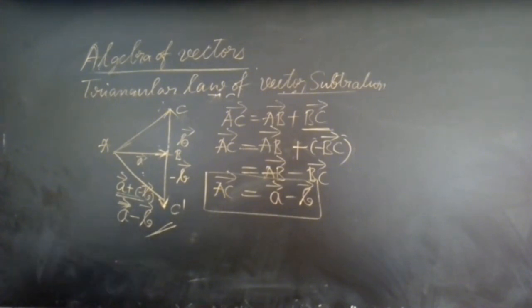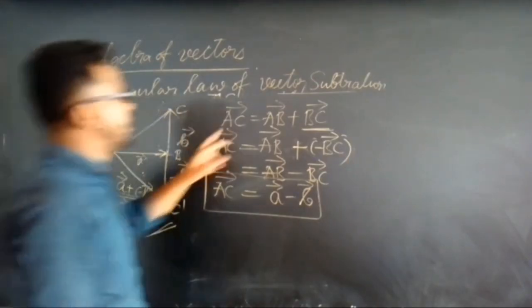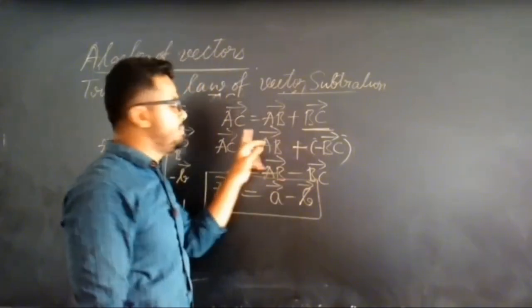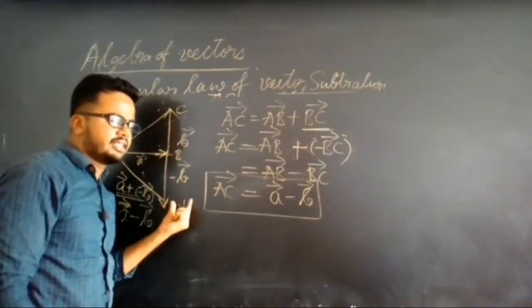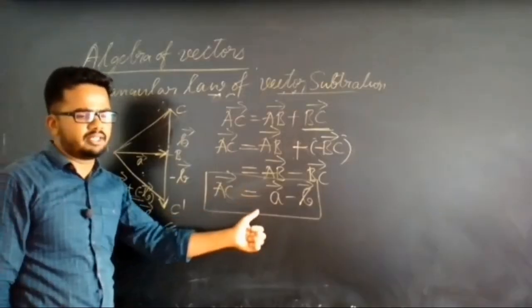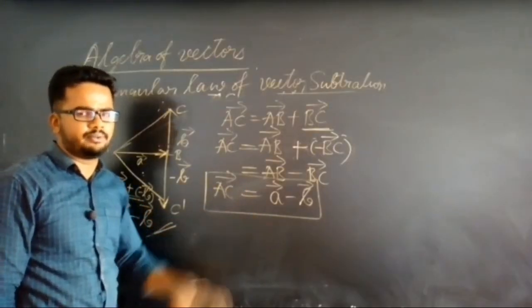Does anybody have a doubt here? Here also we applied triangular law. Don't be confused. Here also we applied the triangular law of addition only. But the negative direction there is a vector, therefore we have written like that. I hope this is clear to you, right?